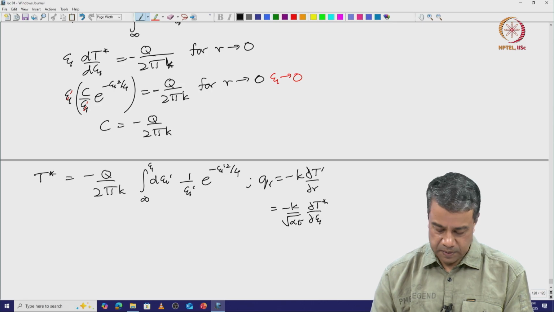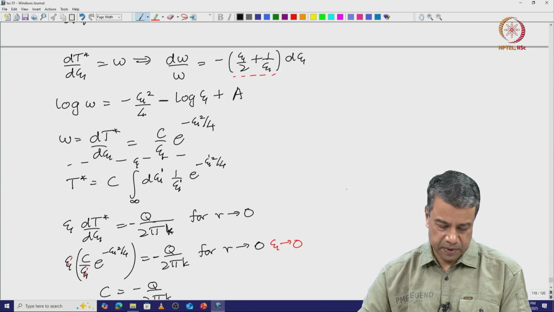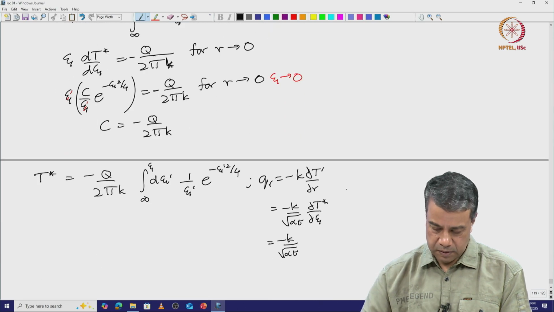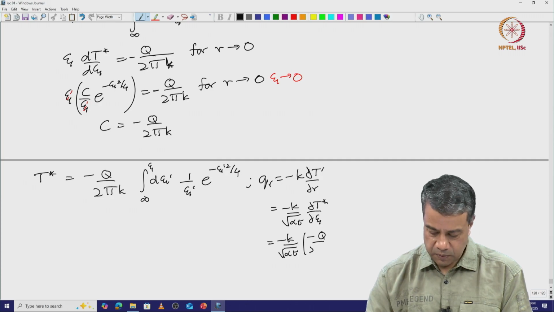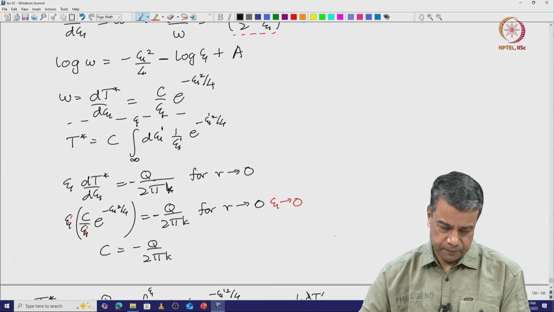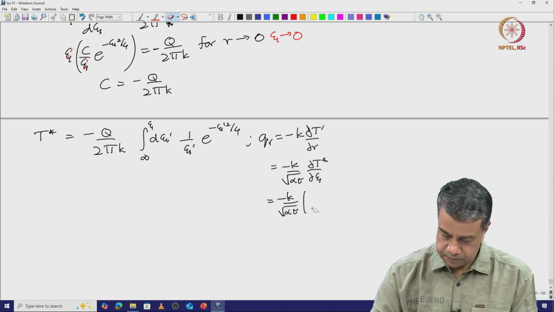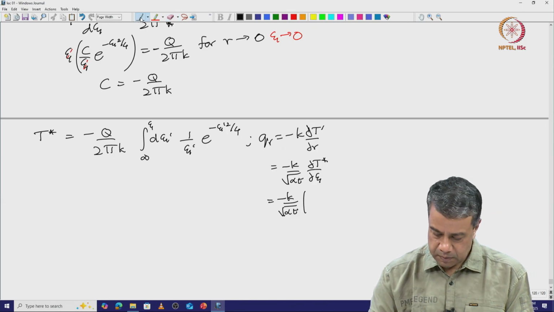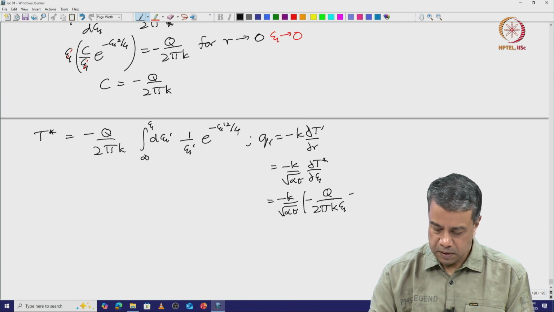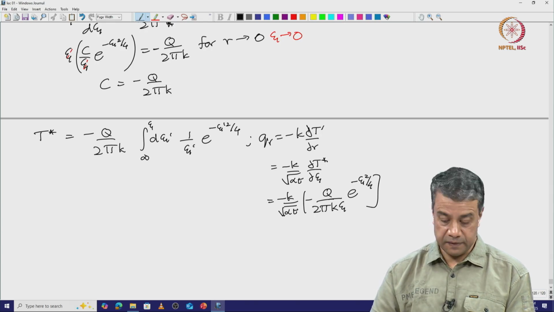So, this will basically give you minus k by root alpha t, into dT star by d psi, which is given by minus q by 2 pi k, minus q by 2 pi k psi e power minus psi square by 4. Okay, this is the heat flux.